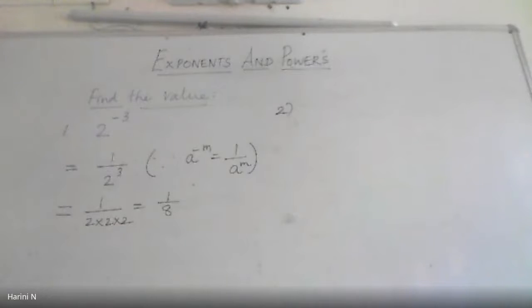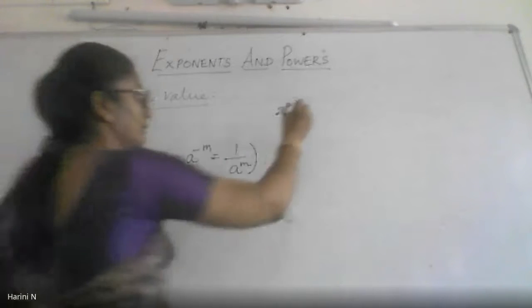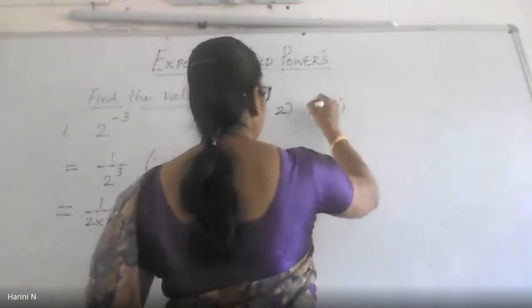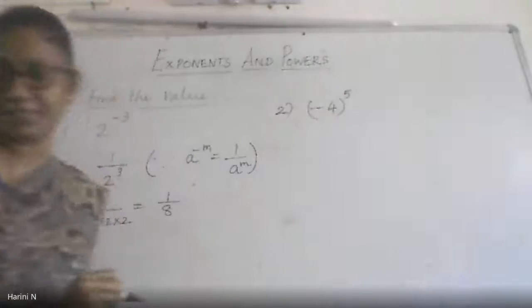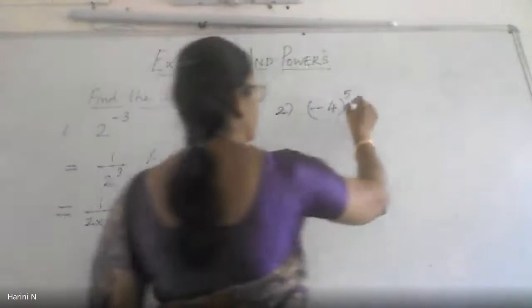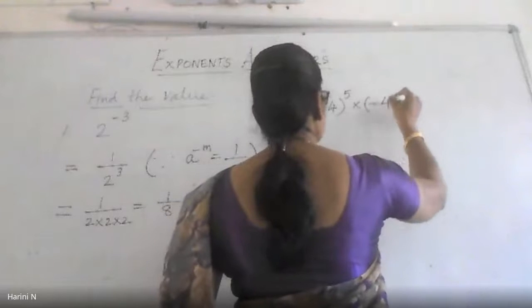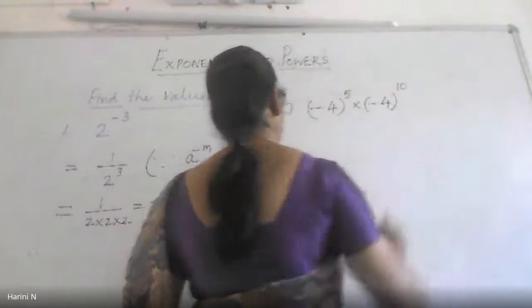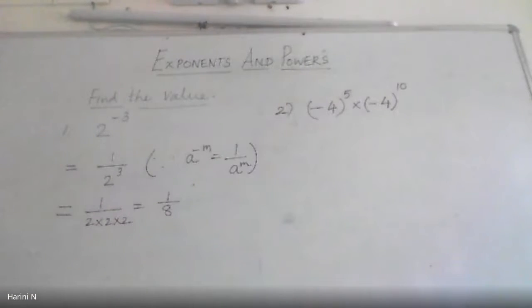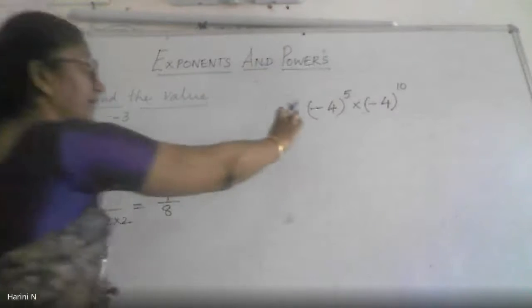We'll take up one more. Negative 4 to the power 5 into negative 4 to the power 10. Which law are we using? A to the power m into a to the power n. The base is the same.